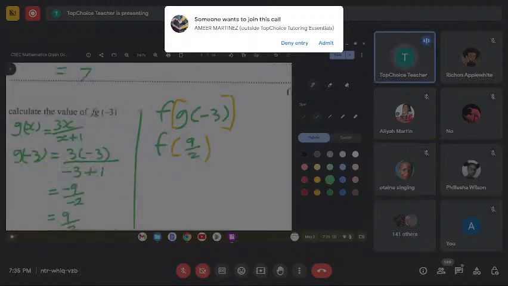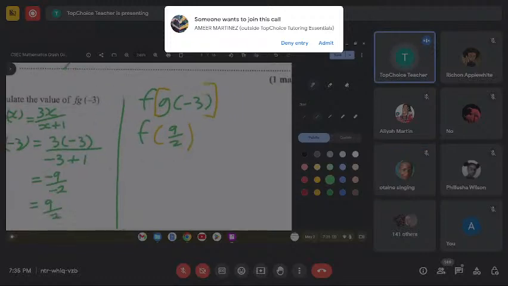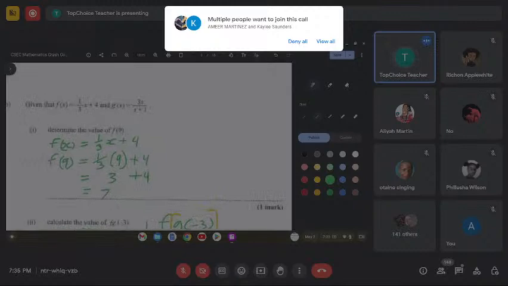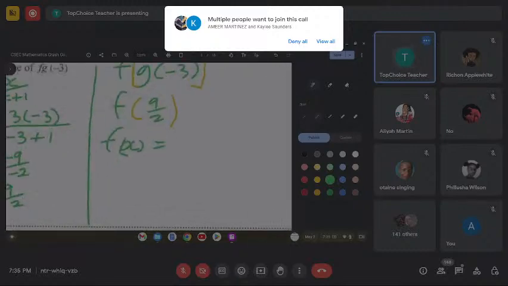So we need to write down what f of x is again, and go back to the process. f of x is equal to what? 1/3 x plus 4. So how are we going to find f of 9 over 2?